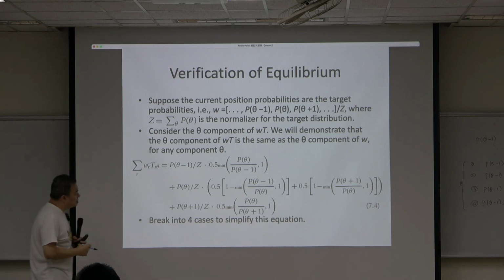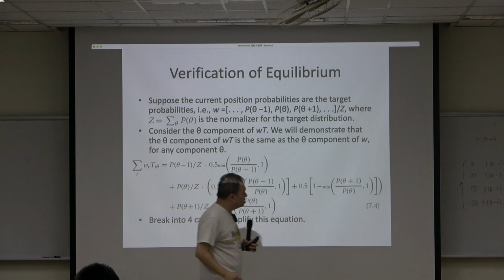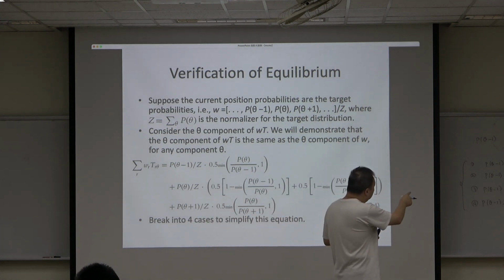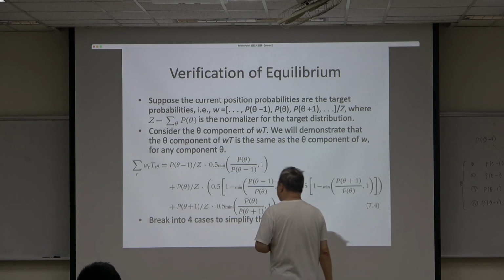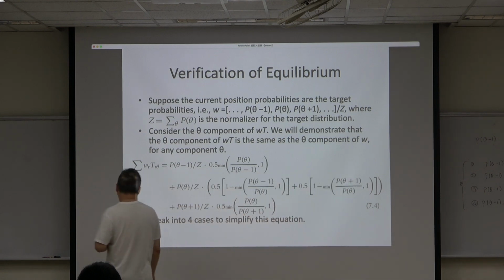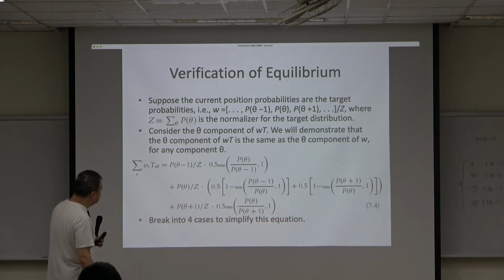The second case is that your p theta is the largest one. I mean, both p theta minus 1 and p theta plus 1 are smaller than p theta. Okay, so we can plug this into this formula.